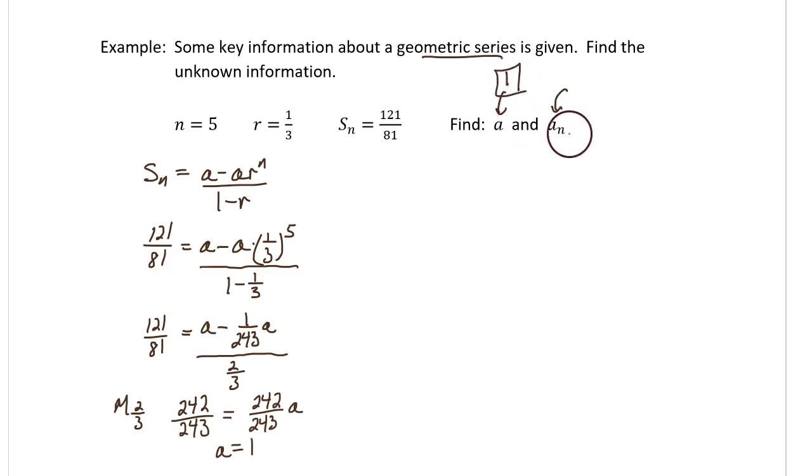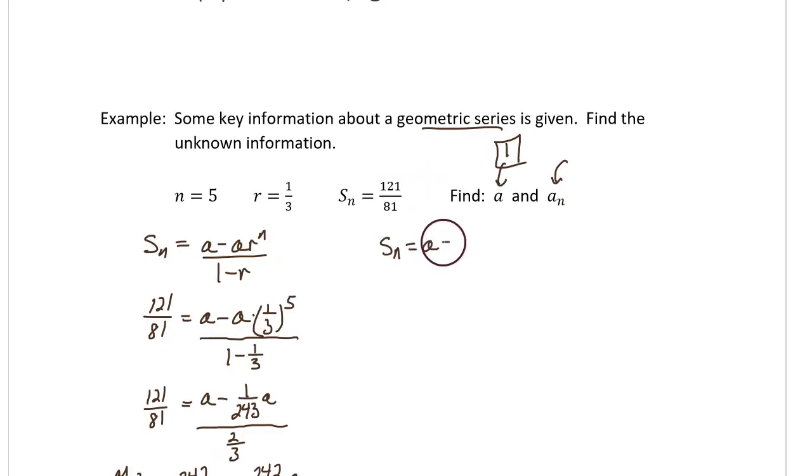Now we can find a sub n. Let's use the other sum formula, the one that has a sub n in it. It was s sub n equals a minus r times a sub n all over 1 minus r. For s sub n, we can fill in 121 over 81.